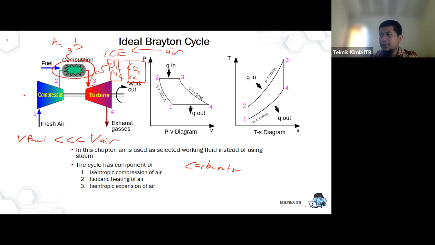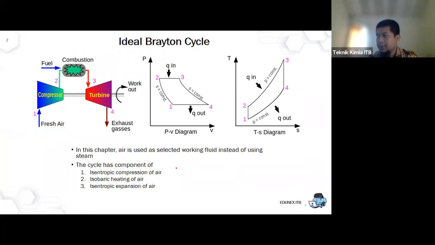This compressor, turbine, and this one. So the question is, when we always have low efficiency, why do we still use the engine? Because this engine enables us to change the energy from the chemical energy, if you still remember, from the fuel in the form of HHV, becoming what?